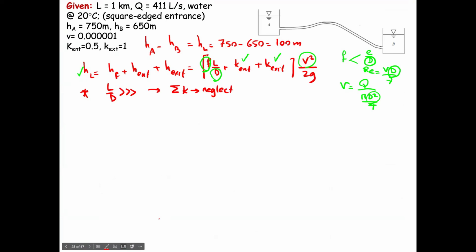And if I do that, I will rewrite this guy here. HL equal to F L over D, I'm going to make the minors 0, multiplied by velocity square over 2G.